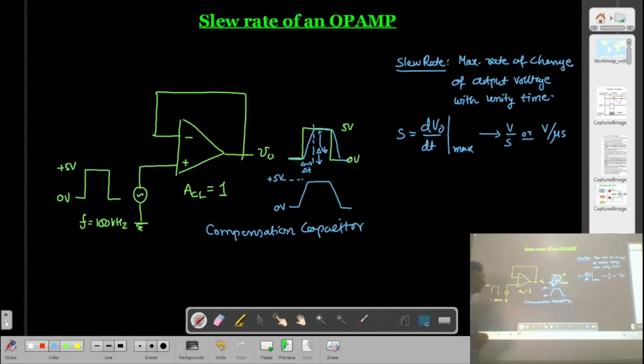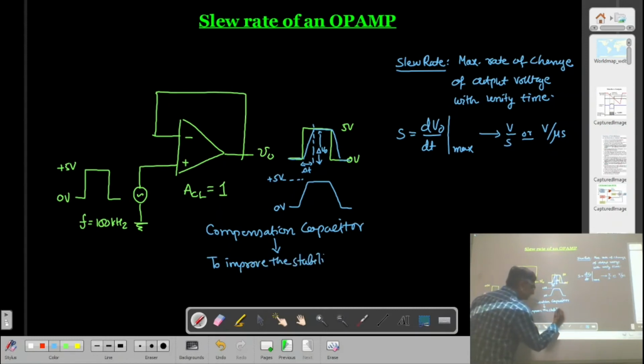Remember, in the operational amplifier there are compensation capacitors. Why do you require the compensation capacitor? Because to improve the stability of the op-amp at high frequency.